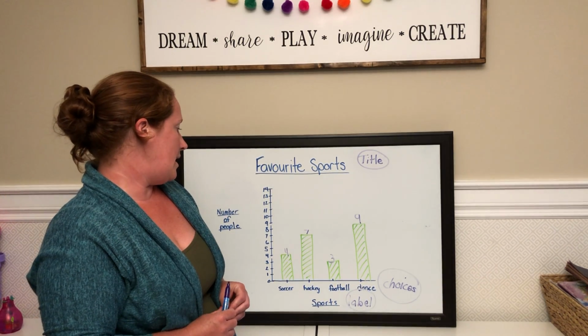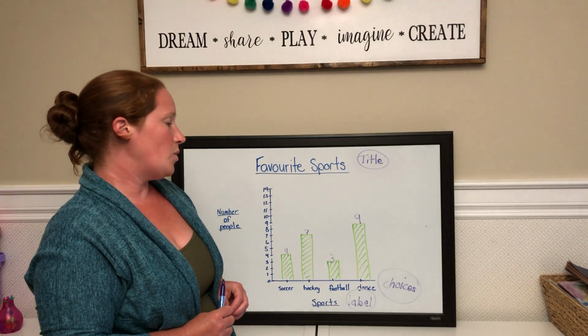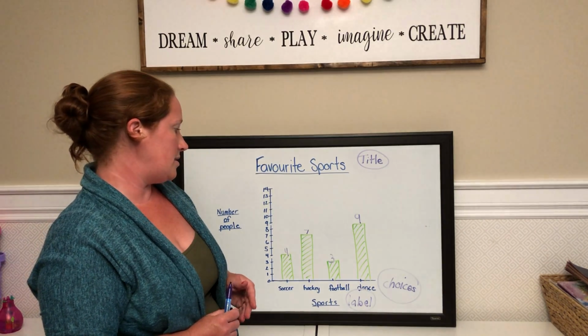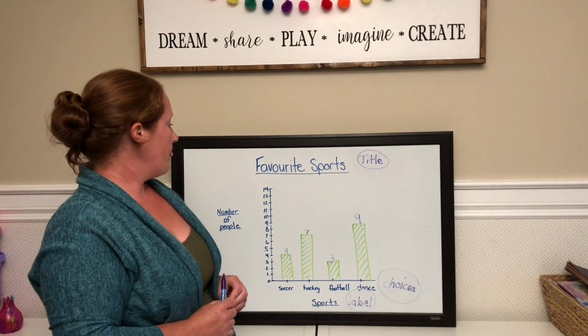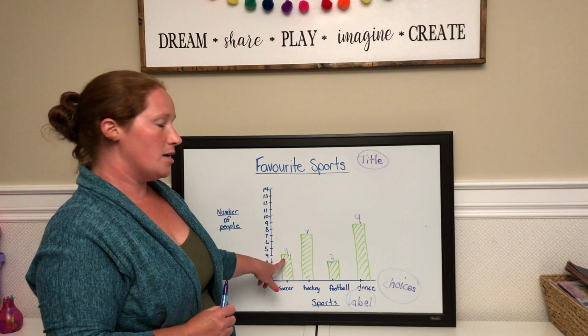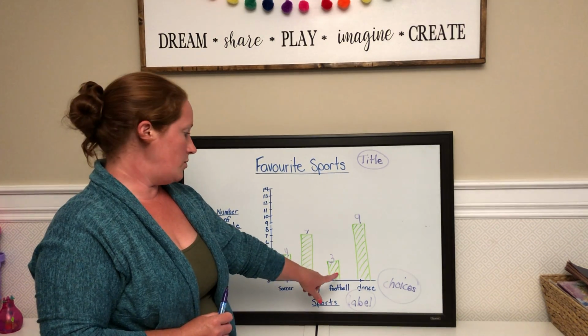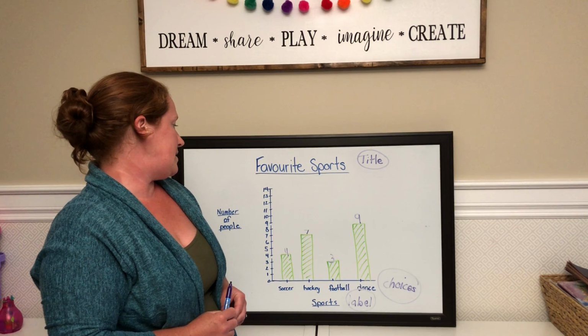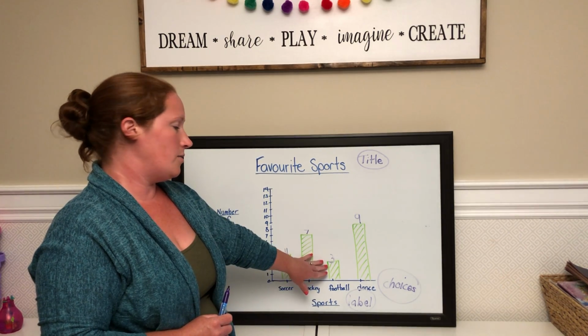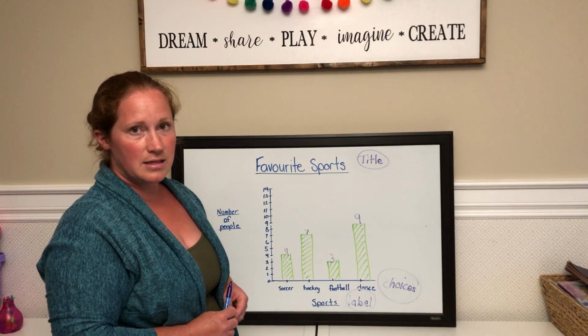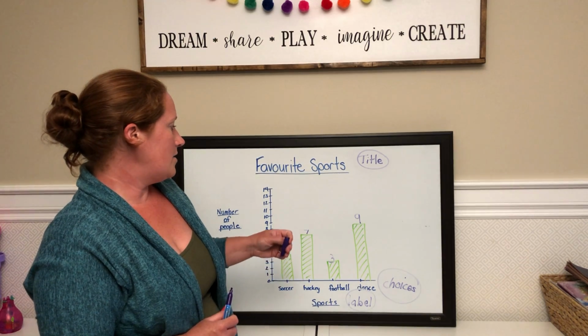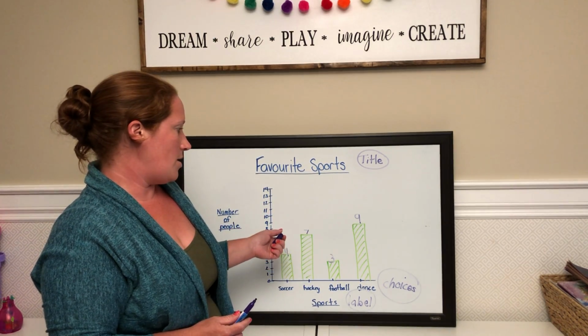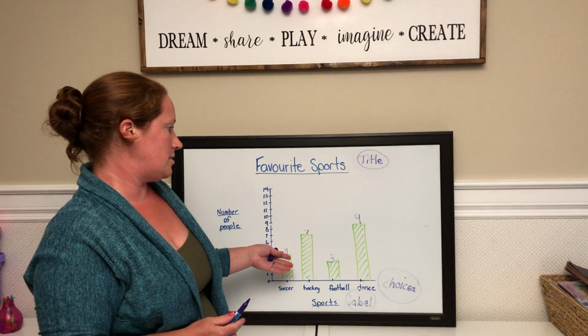We could say hockey was liked more times than football. We could say soccer got 1 more vote than football. We could say football was liked the least amount. And we can continue to compare between all of these choices.